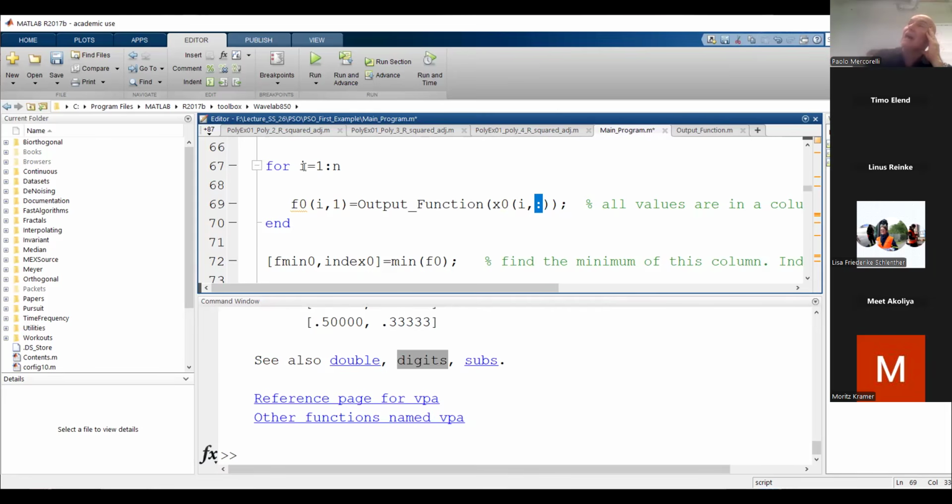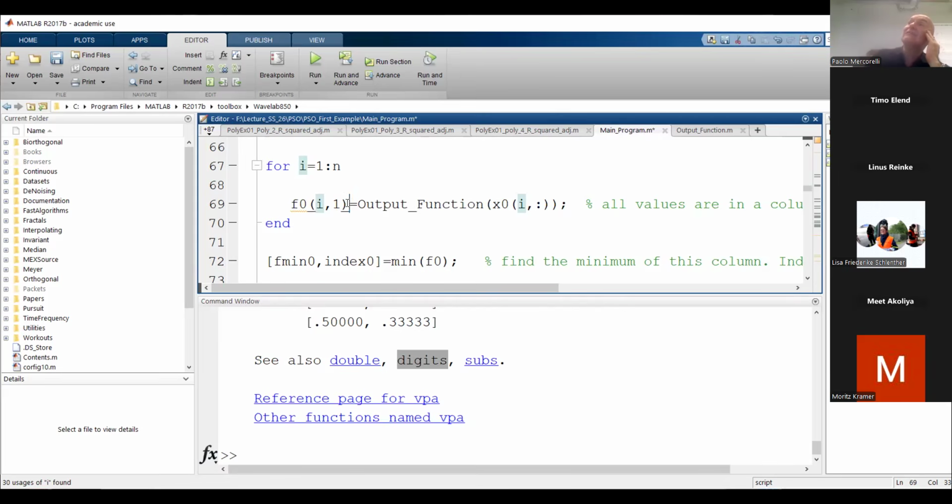You can see this. For I equal 1, I will call the function, and I will calculate the value of the function for the particle 1, considering all its coordinates, both.